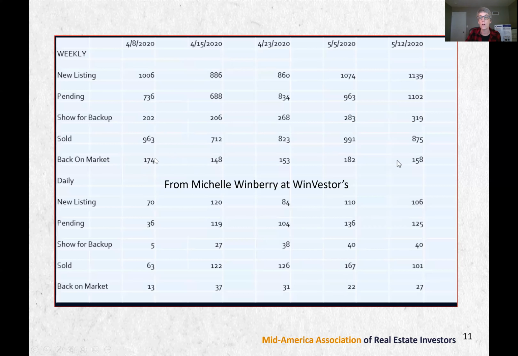So we were here, it went down, and then back on the market. And I think that's where all the houses that came off the market because the sellers didn't want people in their houses, they came back on right when we started going out and about. And then if you look at the daily, that's just dividing these numbers out into daily numbers.